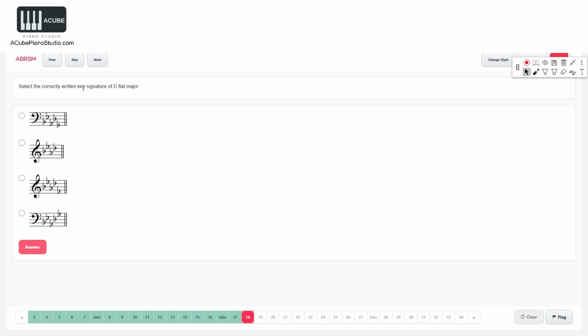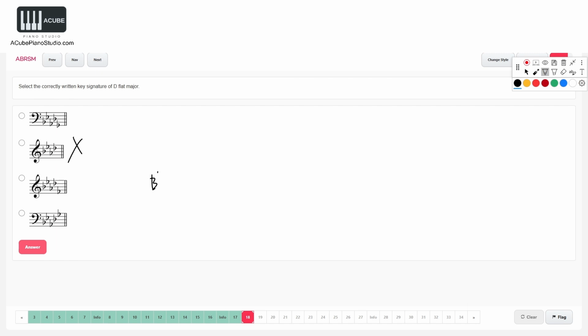Select the correctly written key signature of D flat major. Again, you should refer to the key signature chart that you have already written out. For D flat major, how many flats does it have? B flat, E flat, A flat, D flat, G flat, right? So 5 flats. So straight away, this is out.